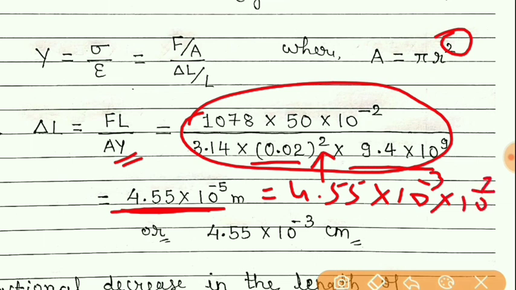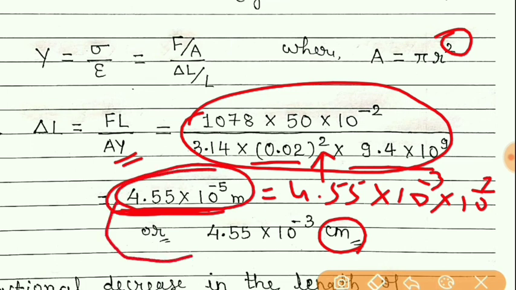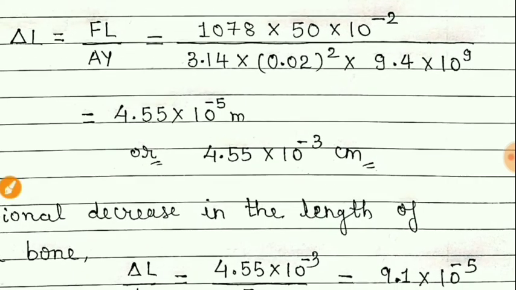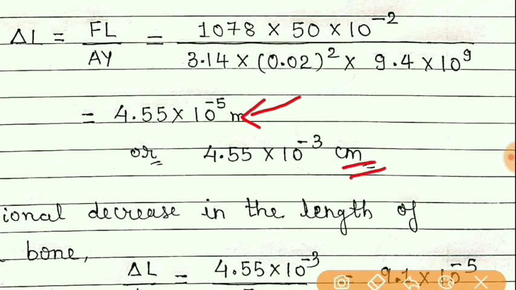But 10 raised to minus 2 meter is centimeter. So in short, this value can be written in terms of centimeter as 4.55 into 10 raised to minus 3. Students, this was in meter and we have converted this into centimeter.